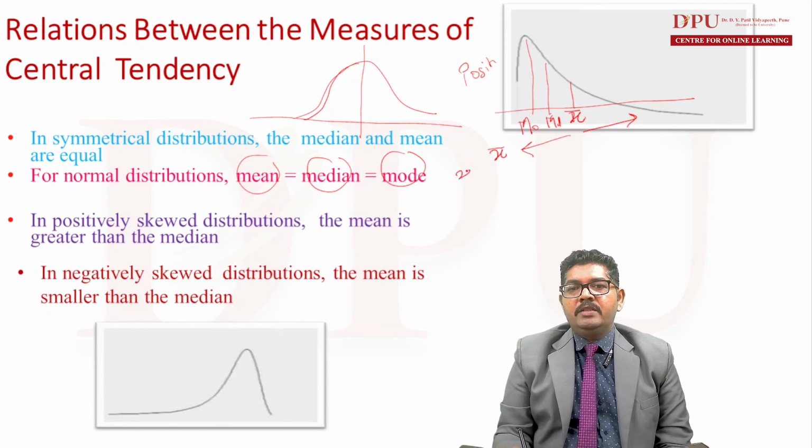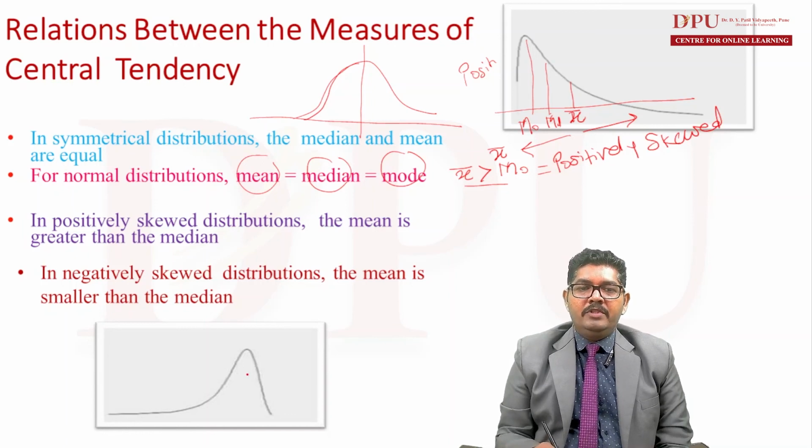So when x bar is greater than the mode value, then such a distribution is called positively skewed distribution. And for such kind of data, this is the mode value and there will be mean like this. So x bar value is less than the mode value, and therefore such kind of data is called negatively skewed distribution.